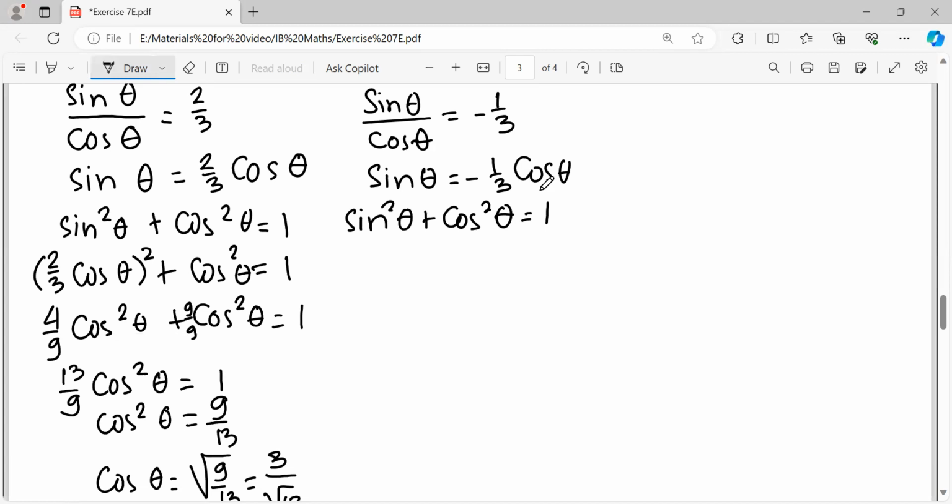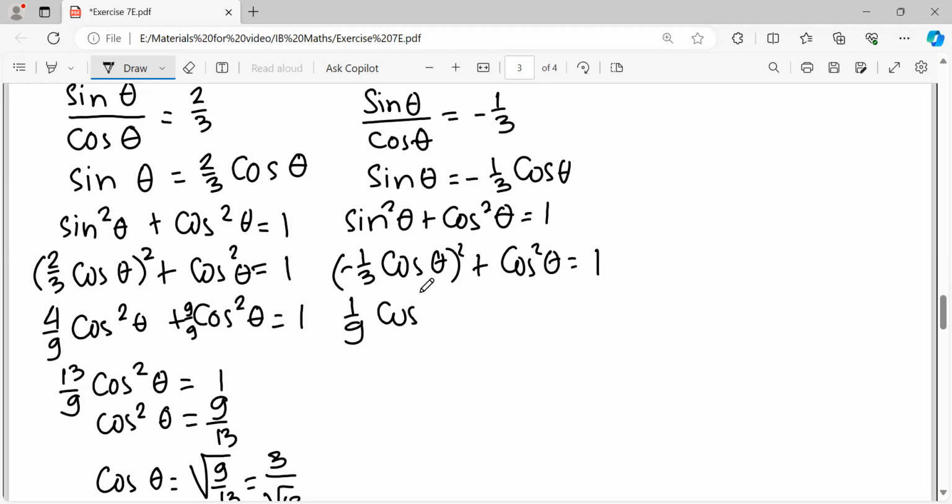Substitute negative 1/3 cosine theta: 1/9 cosine squared theta plus cosine squared theta equals 1.